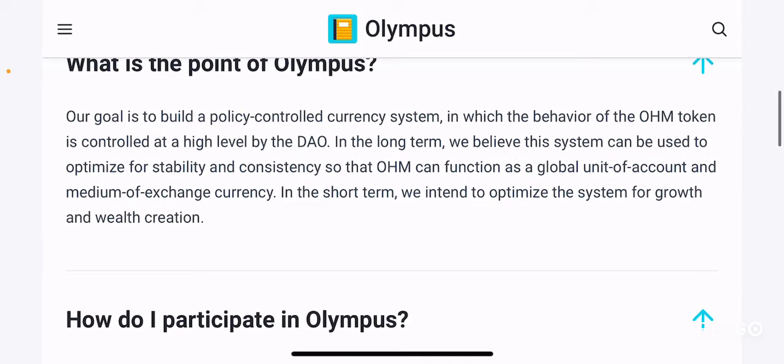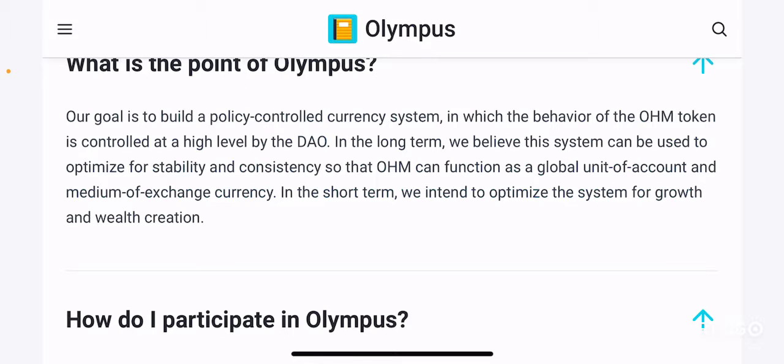In the long term, we believe this system can be used to optimize for stability and consistency so that Ohm can function as a global unit of account and medium of exchange currency. So again, they want Ohm to be a global unit of account and a medium of exchange cryptocurrency, which means they want Ohm to retain its value irrespective of the inflation that's happening in the real world.